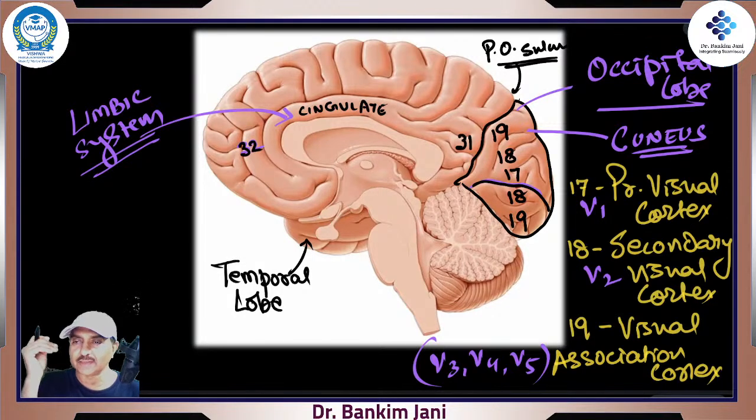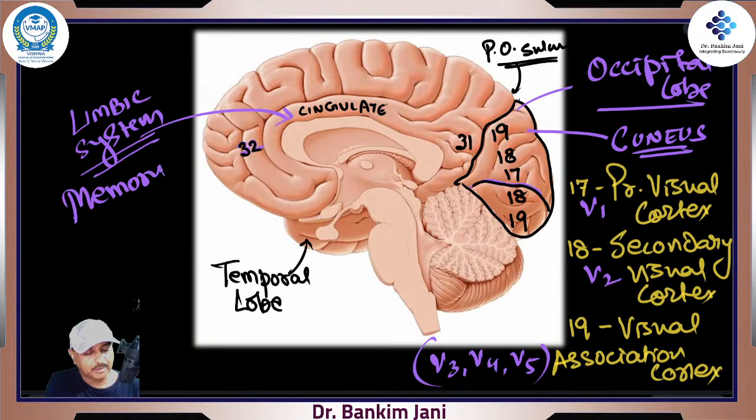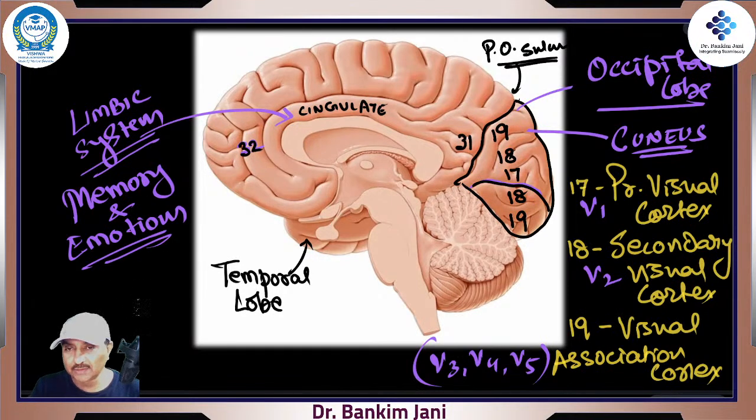When we discuss the physiology of memory and emotions, this is where it will come into the picture. Because the limbic system is associated with memory and emotions, you will always remember the things which you love. When emotions are involved, you will always remember it.